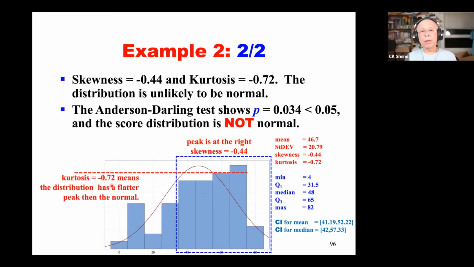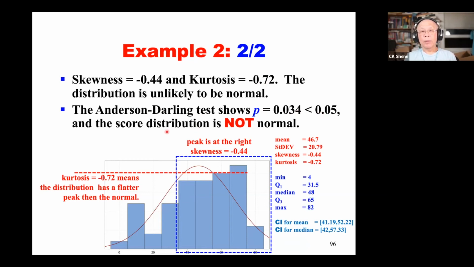Now let's take a look at the histogram. The skewness is negative 0.44. The kurtosis is negative 0.72. Remember, in the last lecture, we did the Anderson-Darling test. It returns a p-value of 0.034, which is less than 0.05.